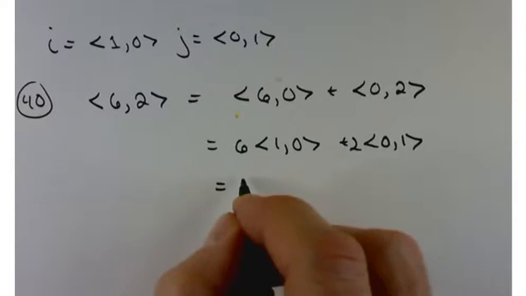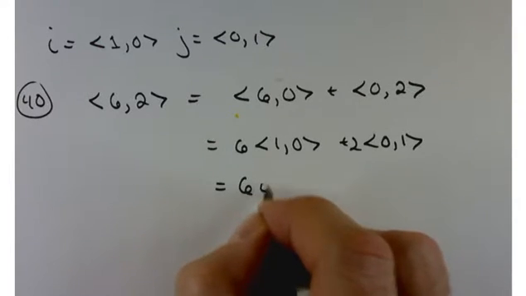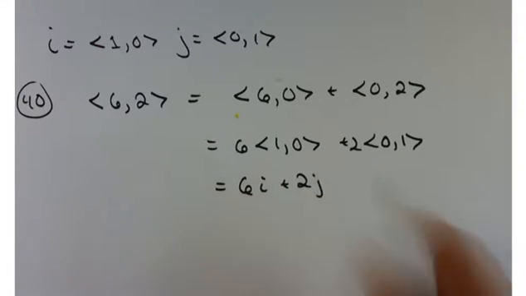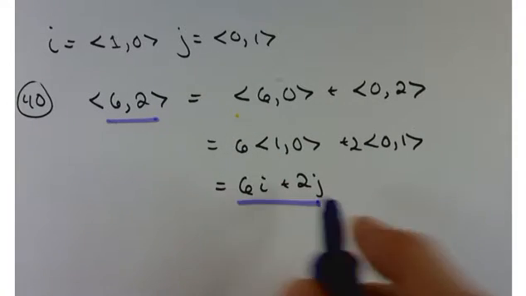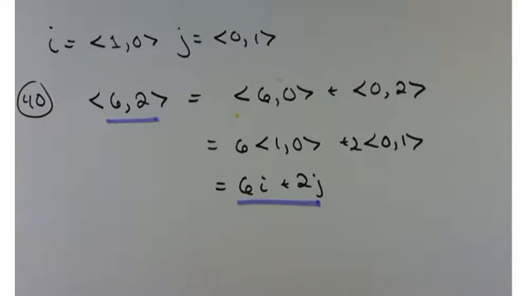Or better yet, 6i plus 2j. And it's just a different way to write the vector. This and this are totally equivalent. Sometimes people find it more convenient to write it this way. Sometimes people use it this way. It doesn't matter. Both of them express the same thing.